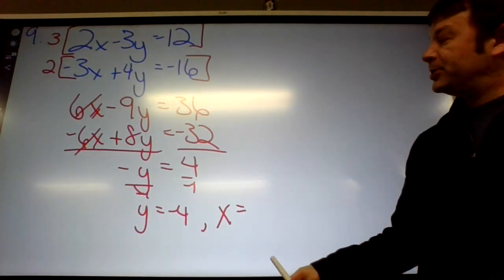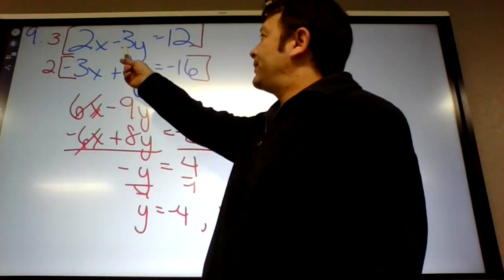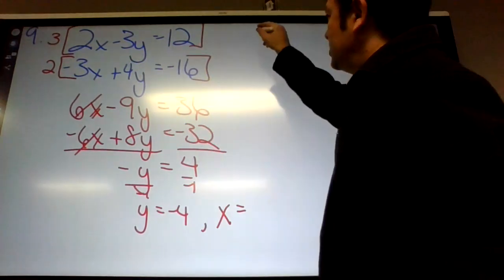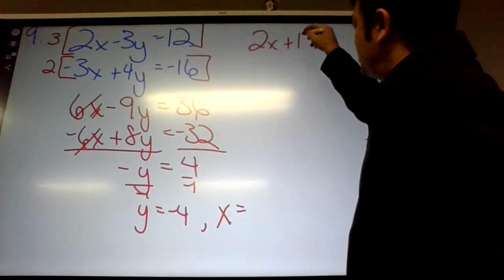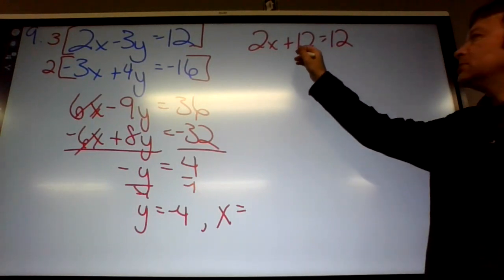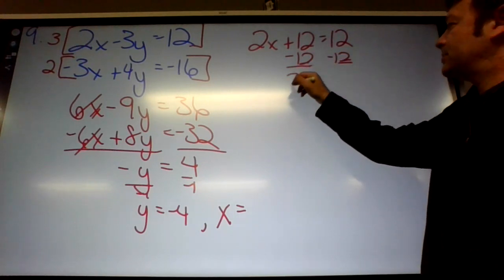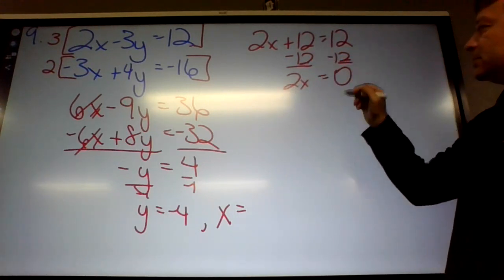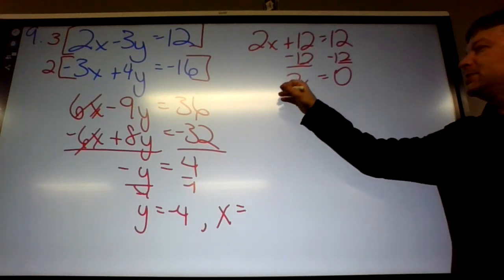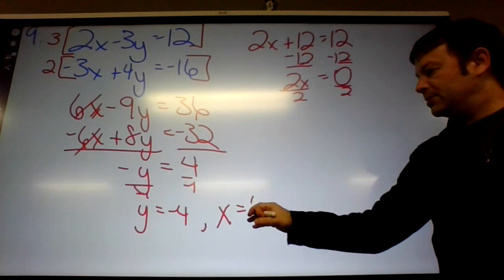Let's put negative 4 maybe on the top equation. So negative 3 times negative 4 is positive 12. So 2x plus 12 should equal 12. A lot of times when people get like a 2x equals 0, they put like no solution or something, but you'd still divide and it's just 0. 0 is the answer.